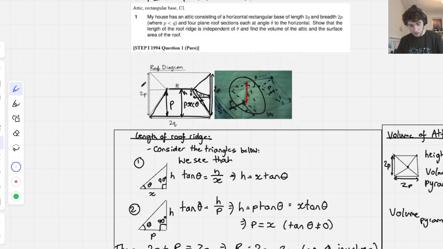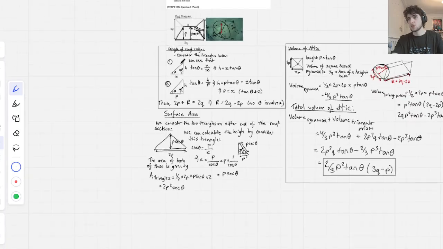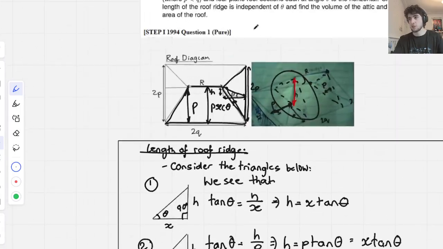So now we consider, and we also obviously know that the length of each trapezium is given by 2q. As you can see, this bottom length here is just 2q. So we can just use that.